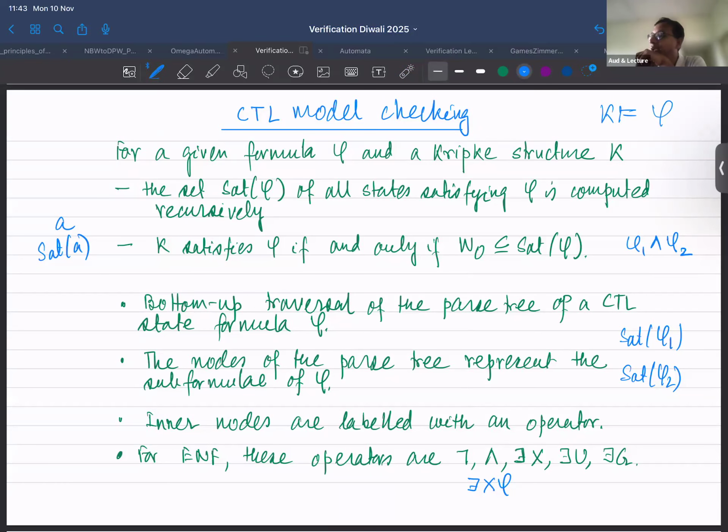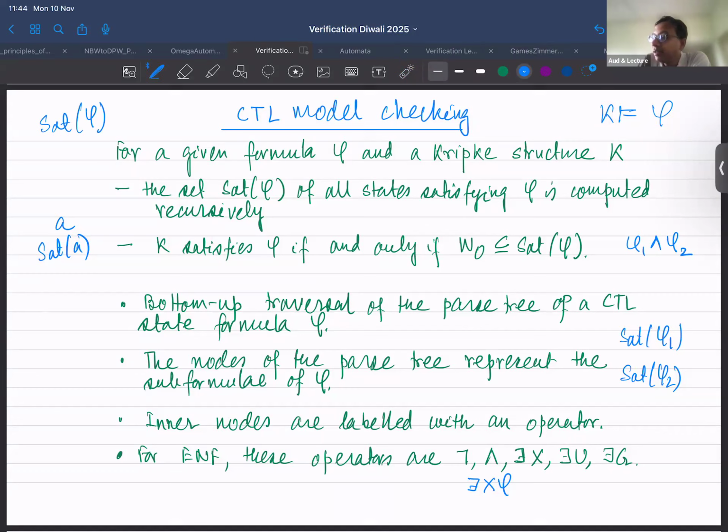Okay. And the way this would be done is essentially we look at all the states of the Kripke structure that satisfy the formula phi, and then check whether the initial state of the Kripke structure satisfies phi or not, right? So what we compute is something called SAT of phi. What is SAT of phi?